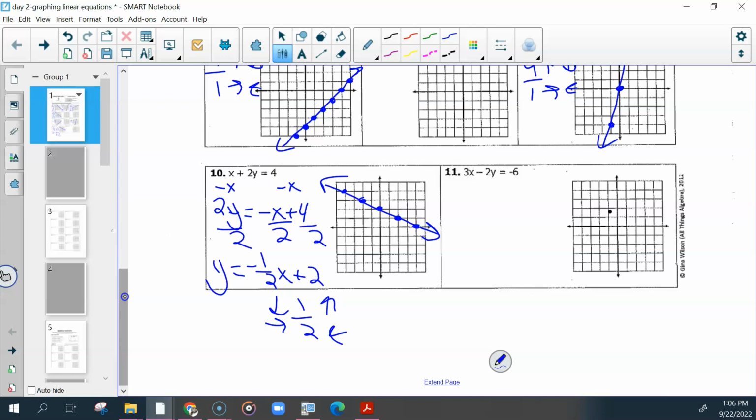So what would be our first step? By doing what? Not adding, subtracting. -2y equals, switch those, -3x minus 6. And then divide everything by -2, but be careful with your signs.